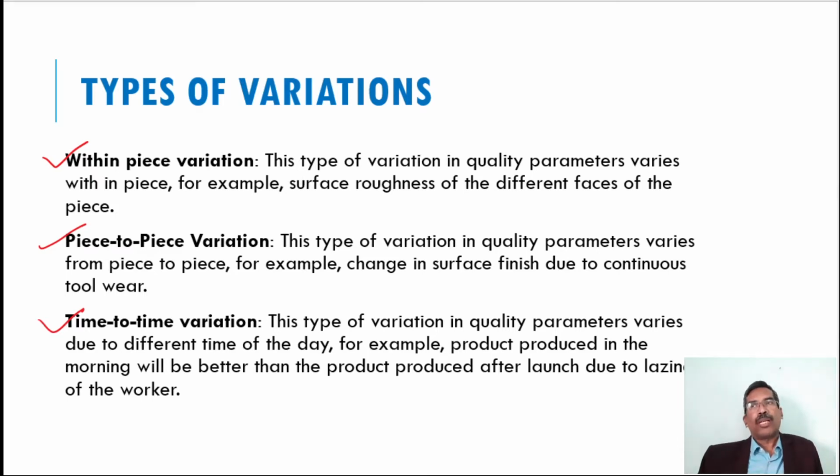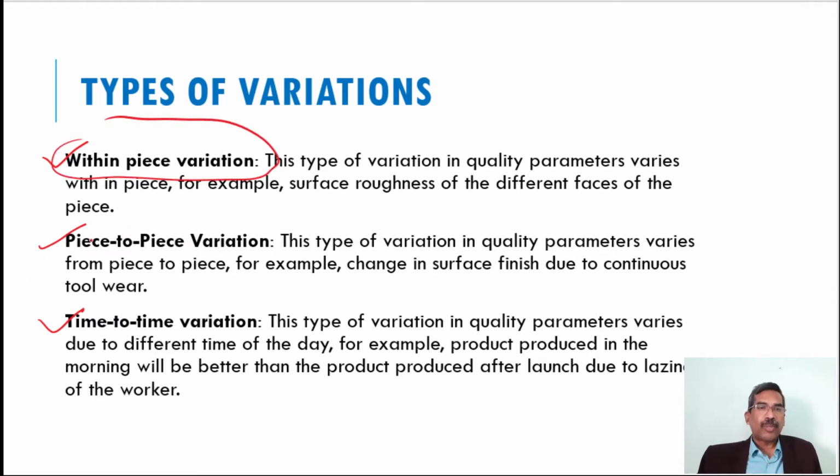For example, if we consider surface roughness, then the surface finish may vary from one point to another point in the same product. Similarly, if we consider the depth of hardness, if you do heat treatment of a particular material, then this depth of hardness may vary from one point to another in the same product. So this type of variation is known as within piece variation.